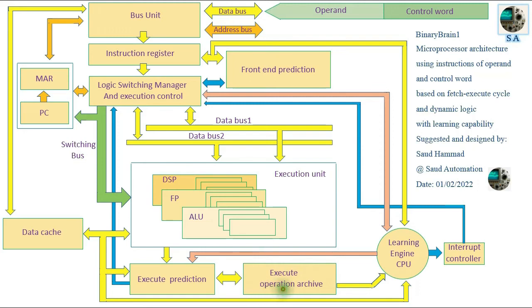Then provide continuous feedback from the front-end fetching unit to the execute prediction unit with enough details of the currently fetched instruction. The execute prediction unit keeps track of every recent executed instruction, and it will know if the same instruction was already executed and which copy of the final result at the execute operation archive is to be used.